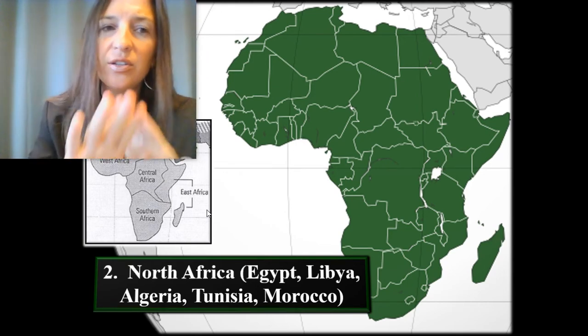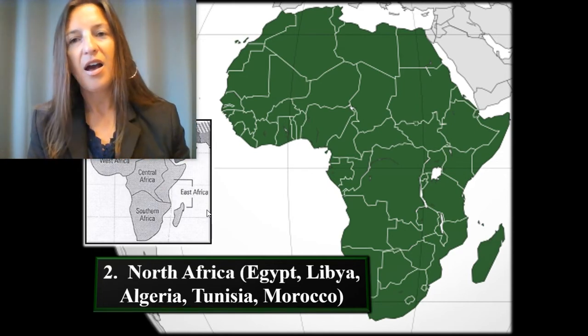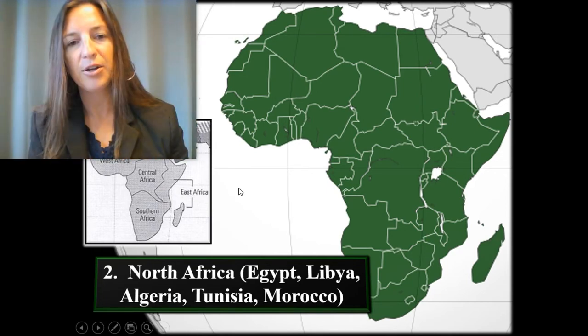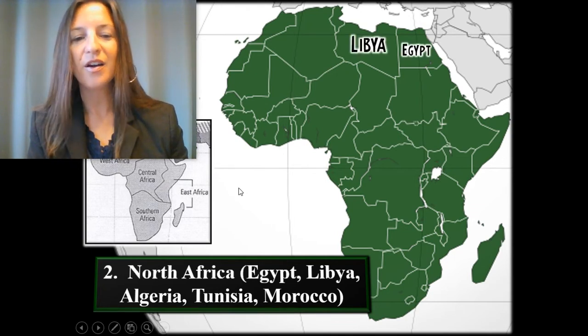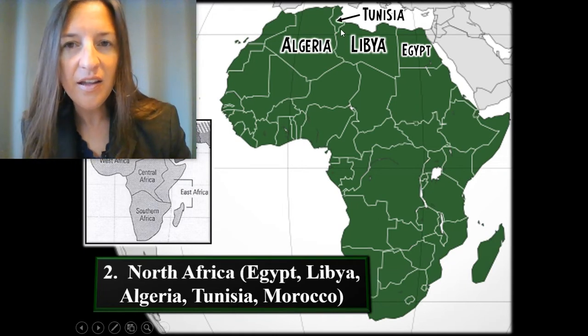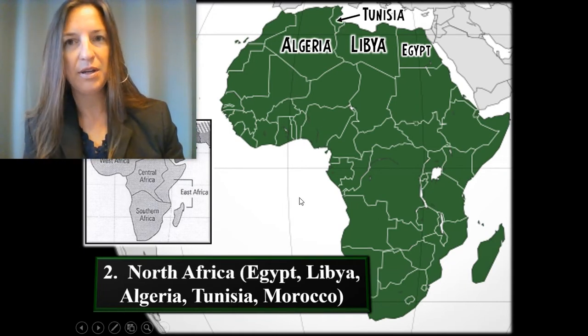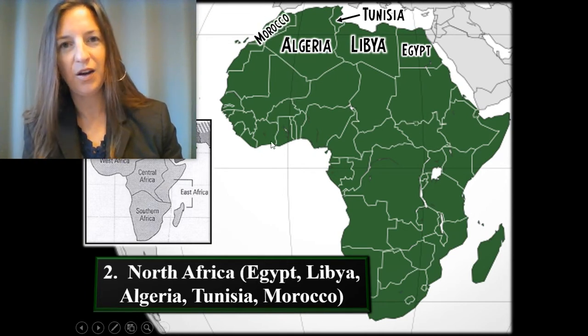So just interesting to look at some of the landforms being around the Mediterranean Sea like that, share some history and some trade patterns. Egypt is there, Libya is there, Algeria, Tunisia is that little country there, having a lot of Mediterranean coast, and Morocco, very close to Spain there, and Portugal.